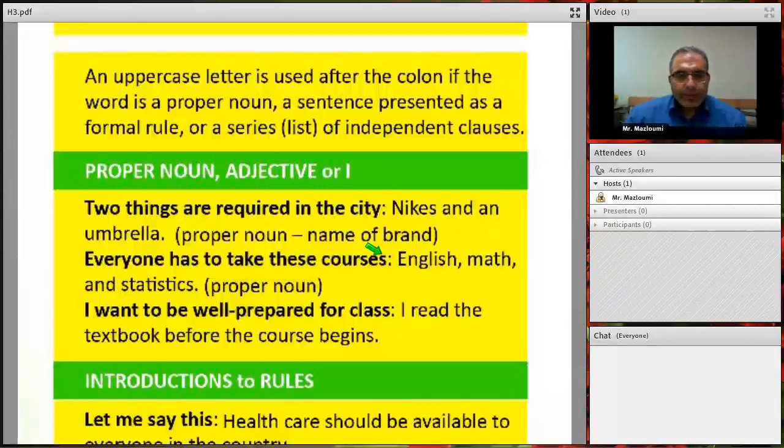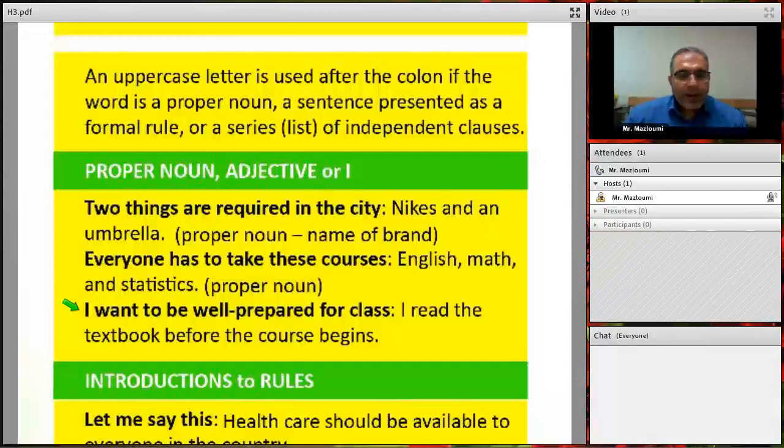Colon, English, comma, Math, comma, and Statistics. English is a proper noun, so we need to capitalize the E here. English with a capital E. Alright, so it is a proper noun.